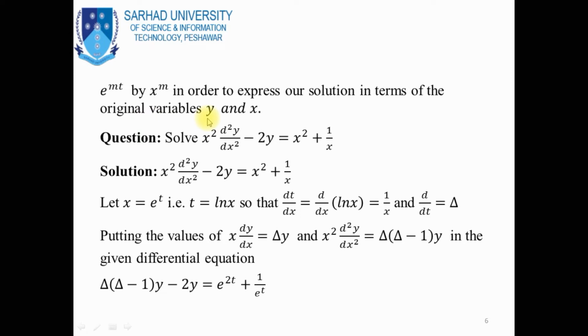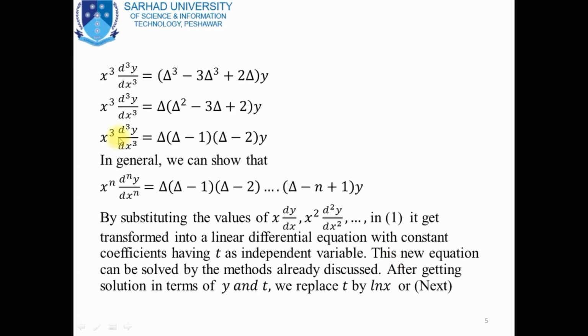So just note that we replace x dy by dx by del y, x square d square y divided by dx square by del into del minus 1, and x cube d cube y divided by dx cube by del into del minus 1 into del minus 2, so that the Cauchy-Euler differential equation can be easily converted into a higher order non-homogeneous linear differential equation with constant coefficients.